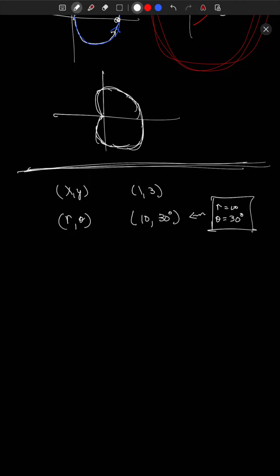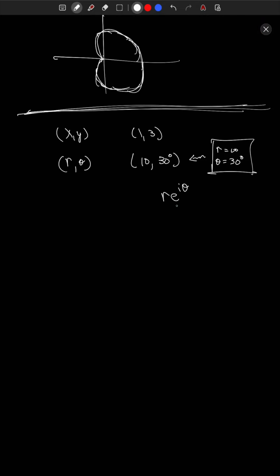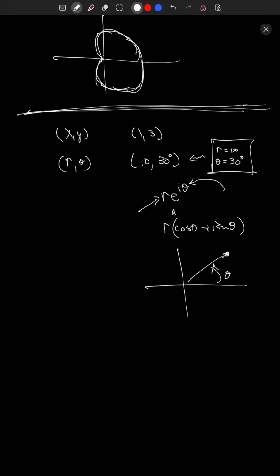But also, if we think about what we talked about last time in terms of complex numbers, another way to write it is re^(i theta). So here we're thinking of polar coordinates in terms of complex numbers. And we said last time this represents r(cos theta plus i sin theta), right? And that represents the point that's at an angle of theta and distance r, which is exactly the polar coordinates r comma theta.